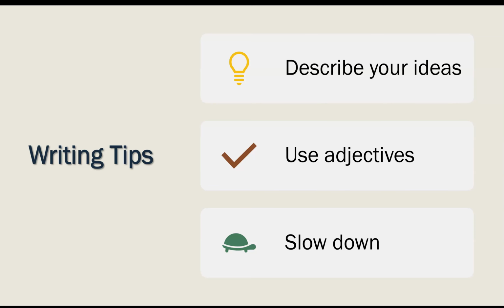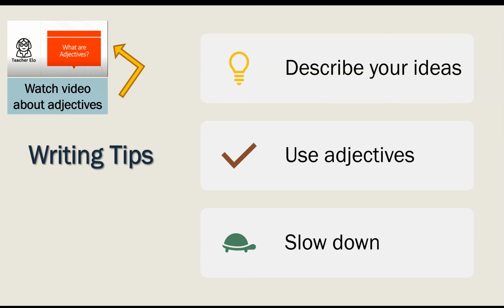If you're going to go to high school or college, university, you want to write something that's very good, right? Something that you're proud of. So make sure you take your time, slow down, think about different pieces of what you're describing, and then use your adjectives, right? If you have more questions or you want to practice more about adjectives, I do have a video on that. You can watch that.